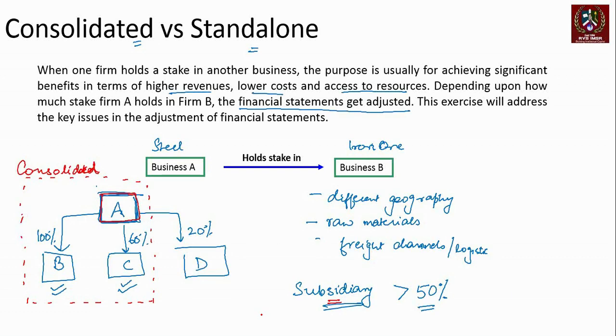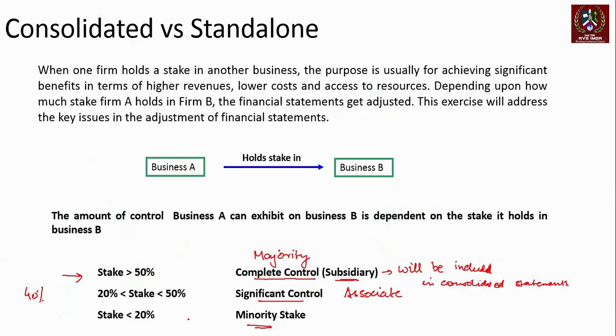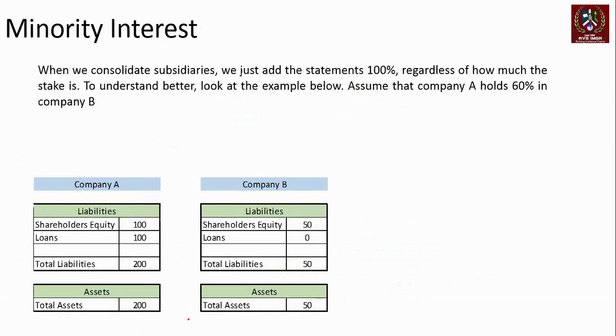Broadly, when you are adding the financial statements for consolidation, you just add line by line, which means if there are two companies and one is a subsidiary of another one, subsidiary could be anything greater than 50% stake, regardless of the stake, you add 100% first of all, right? Regardless of what the stake is, you just add 100% straight away.